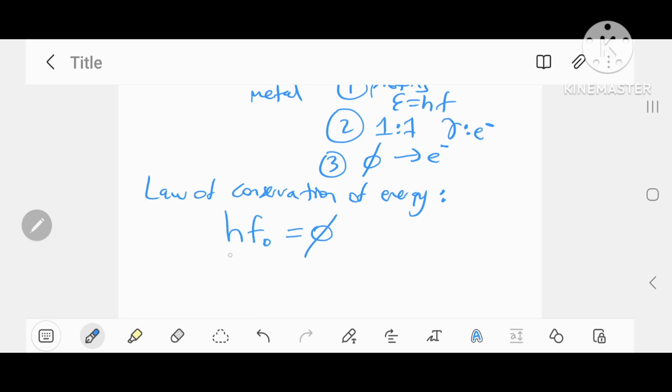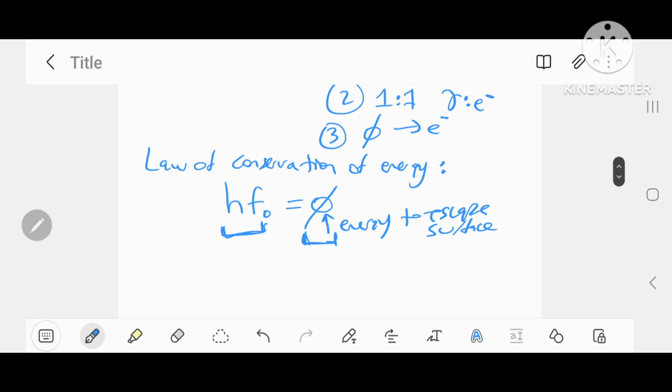So a photon of some specific amount of energy, hf sub naught, equals some energy to escape the surface. You need some energy coming in to result in enough energy for an electron to escape the surface. That's the law of conservation of energy. Whatever comes in has to come out, in other words.